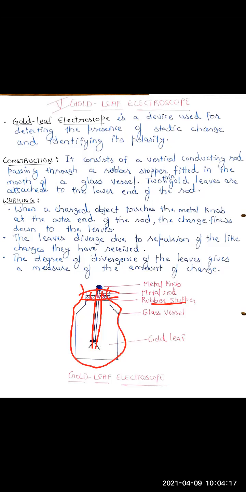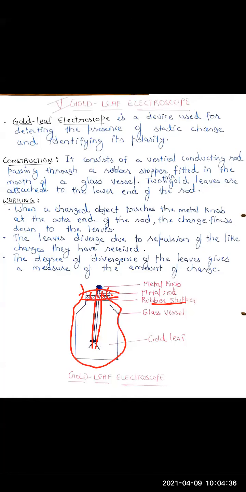Here you can see the rubber stopper, so that it is sealed. And you have a vertical rod. Here at the top, you have a metal knob where you are going to touch the object which you want to find out whether it is charged or not, right?